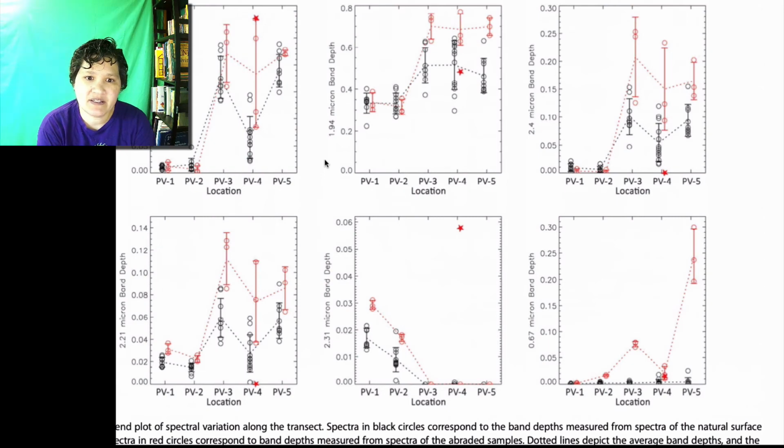Here's some of that data represented in different ways. Here now we're actually plotting it by site, right? 1, 2, 3, 4, 5. And what they've done is for each of those little dips, they've said, well, how deep did it absorb? And you can see the trends that change as you go from one site to the next.